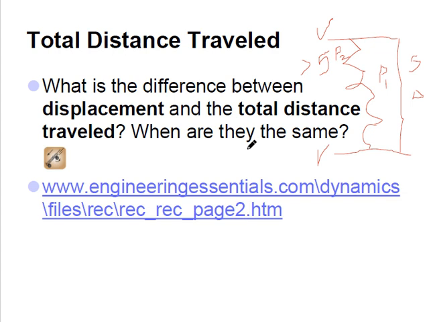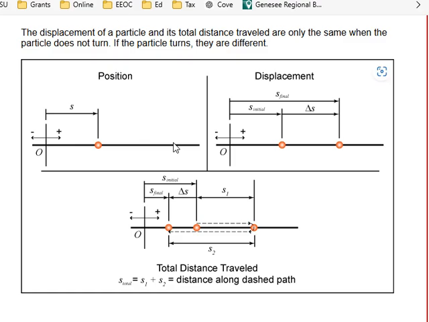So now here is the key. This is just giving you a link to our interactive textbook workbook site. I'm taking you there. Here you're going to get a diagram showing you your position, your displacement, and your total distance traveled.